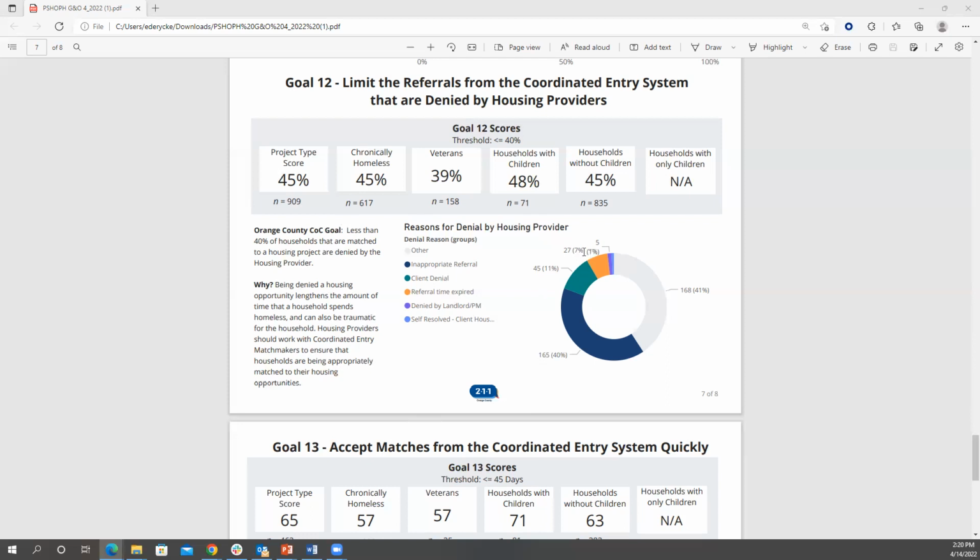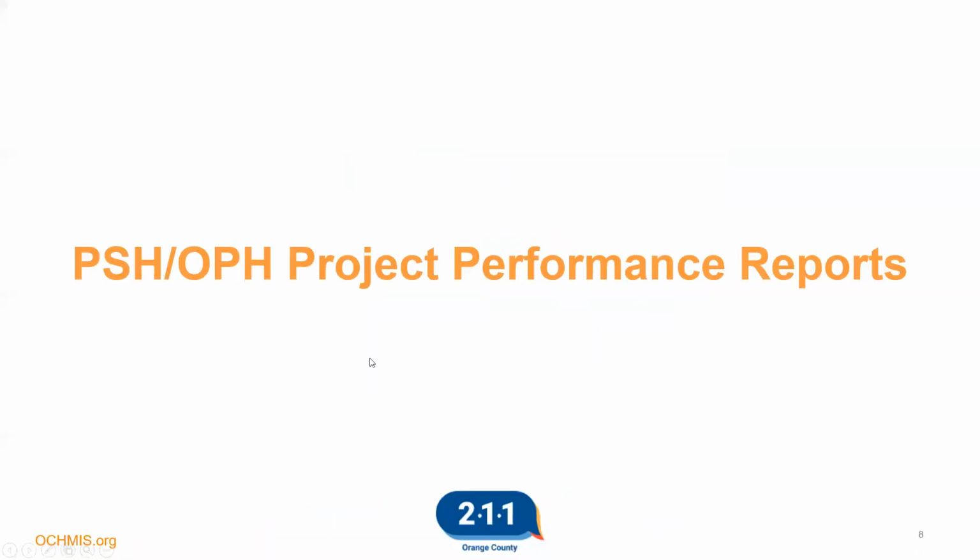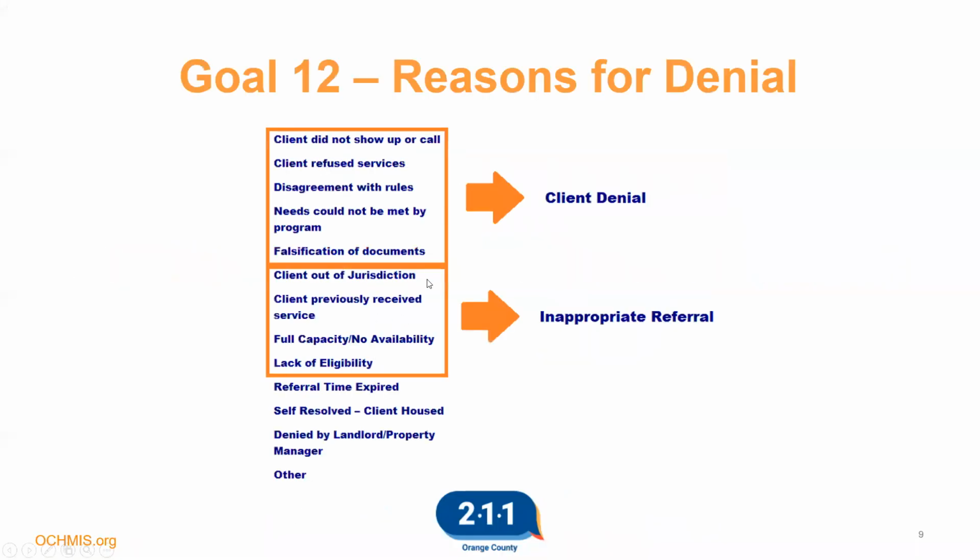I have a little slide for this also to give you some more context on these reasons for denial. On the left side of the screen are all of the options that are in HMIS right now for reasons for denial, and some of them were rolled up into other categories.